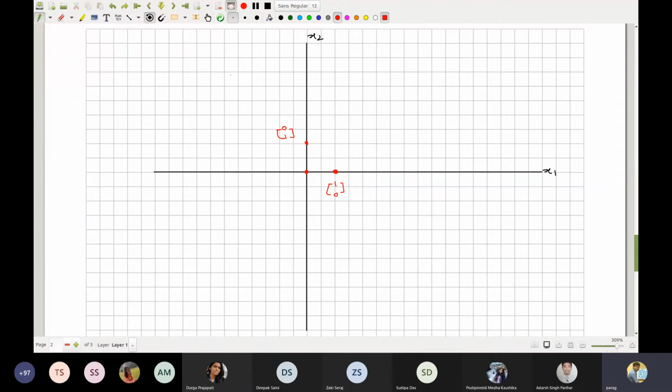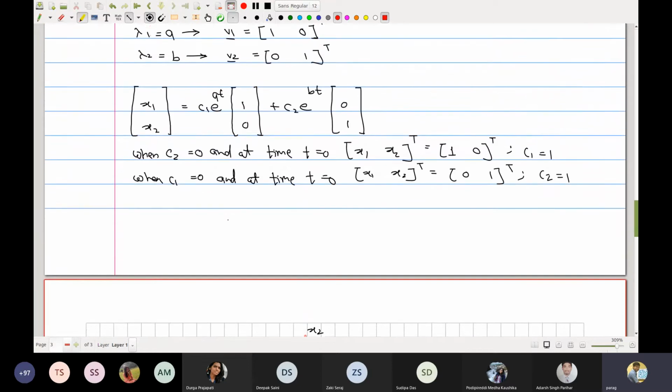So therefore, this entire line will be a solution. Similarly, this entire line is a solution, right? This entire line which is x2 is equal to 0 and this entire line which is x1 is equal to 0 is the solution.